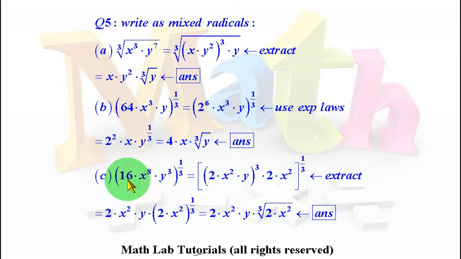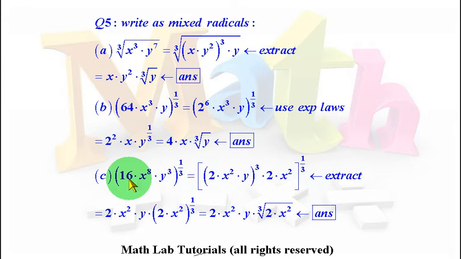We have bracket 16 x to the power 8 dot y cubed to the power 1/3. And so what I'm going to do is open up a cubed bin over here, empty bin, raised to the power 3. Okay, that's essentially what I'm going to do. I didn't have to do it like this, but I chose to do it like this.